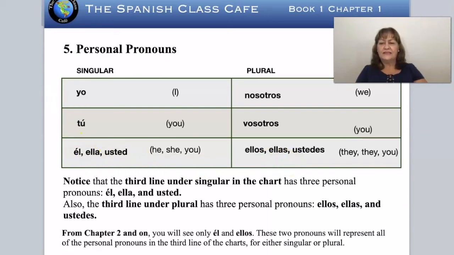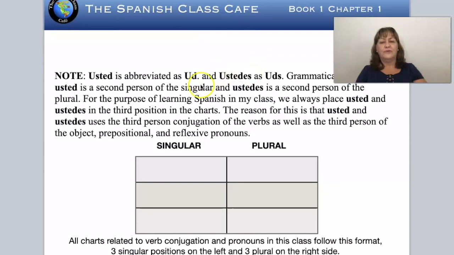Then let's talk a little bit about usted. Usted is abbreviated as UD, and ustedes is abbreviated as UDS. Okay, usted and ustedes, grammatically speaking, is a second person. Don't get confused because I put it in the 3rd position with él and ella and ellos and ellas.